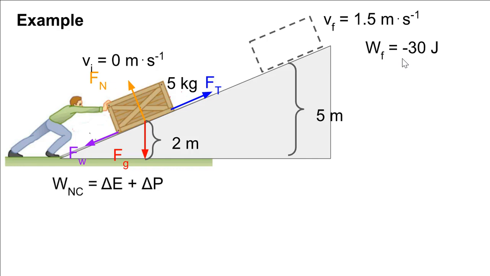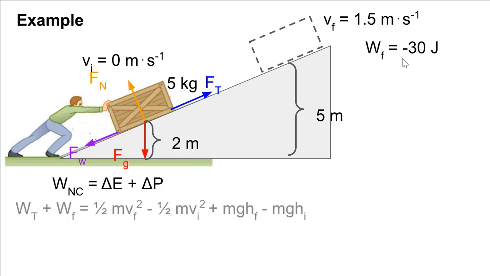Okay, so if I look at the work done by the non-conservative forces, I know that's equal to the change in the kinetic energy plus the change in the potential energy. So what are my non-conservative forces acting on this block? It's my applied force, which I called FT, so that's why I call it WT over here.